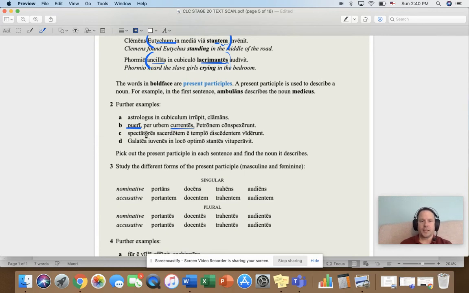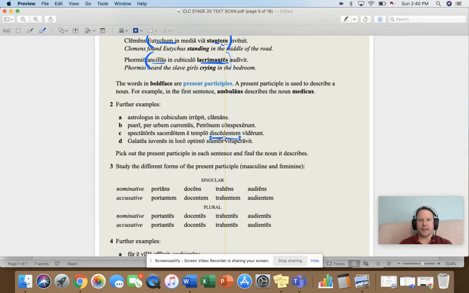Okay, look at C. Spectatores sacerdotem e templo discedentem viderunt. So first and foremost, find the participle, pause it. All right, hopefully we figured out discedentem is the present active participle. It is the word that has pants on.